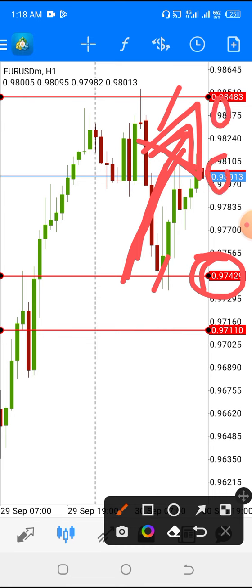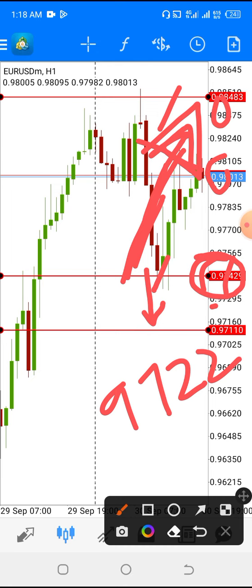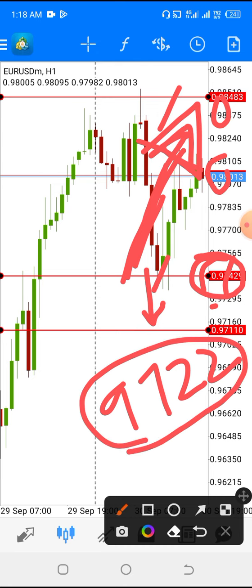Since you're expecting price to move high, your stop loss should be behind. So let's say you're willing to lose 20 pips. What you do is very simple. You take this 42 again only and you subtract 20 pips. When you subtract 20 pips from 42, you get 22. So it will be 97.22. That will be your stop loss if you want to risk 20 pips.